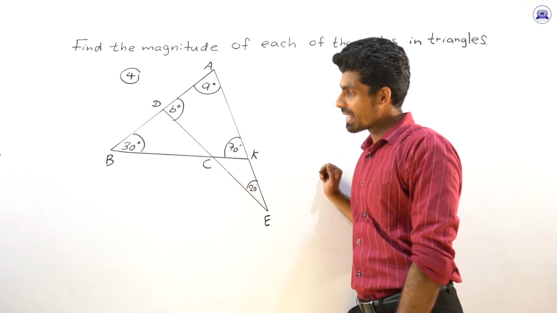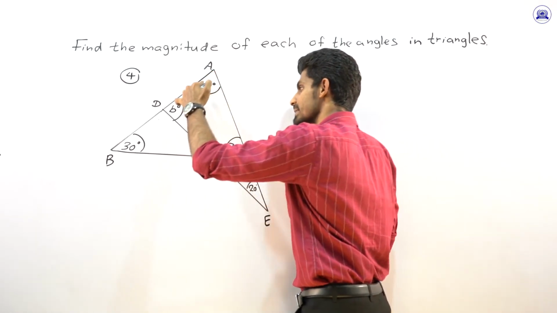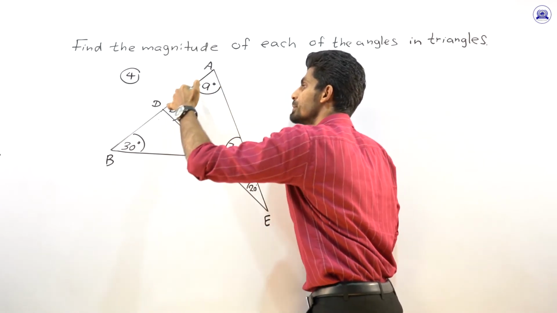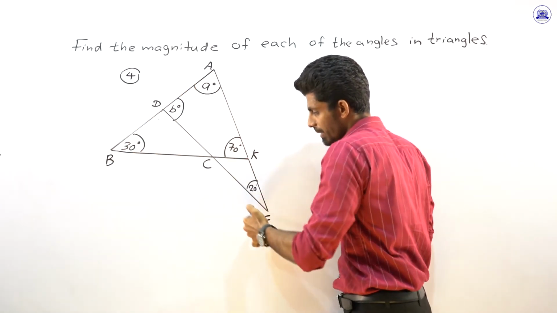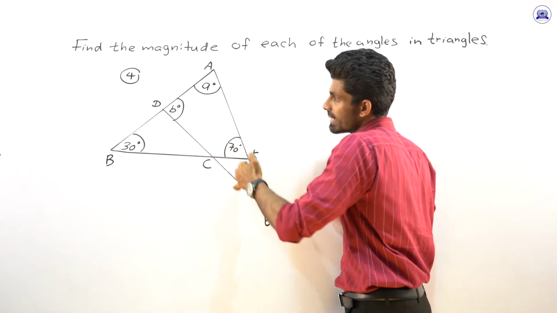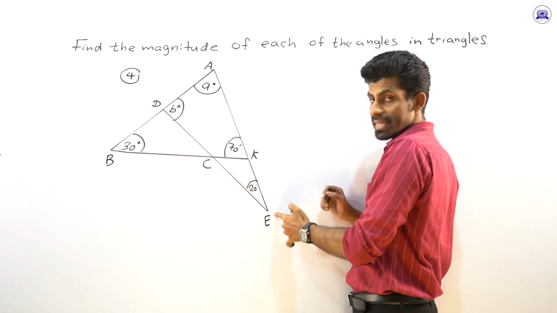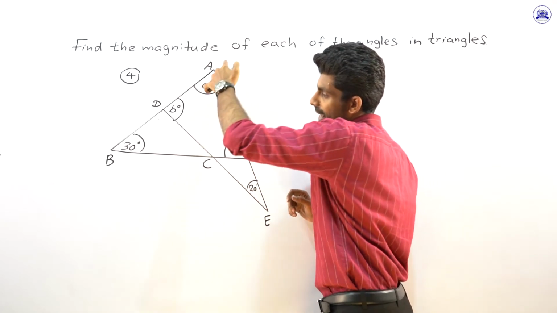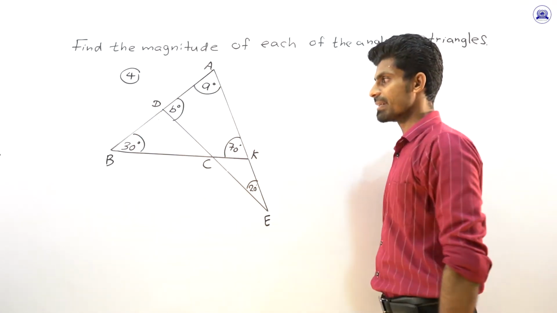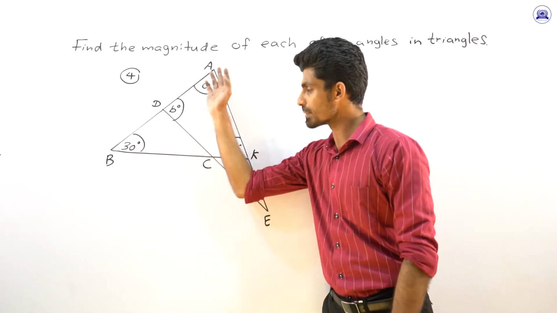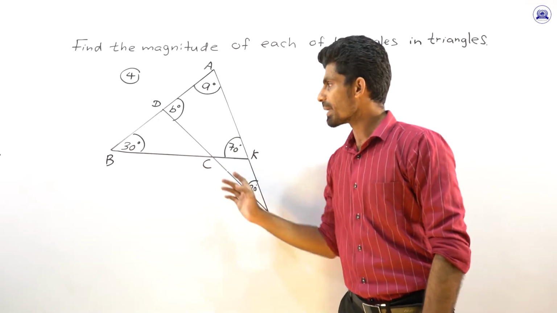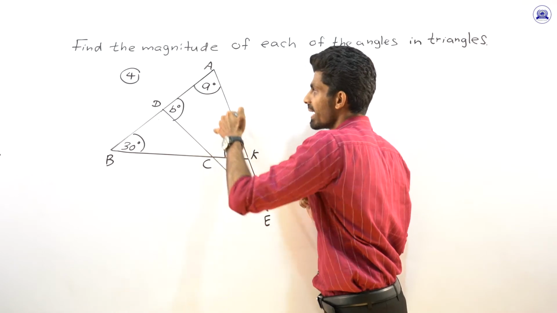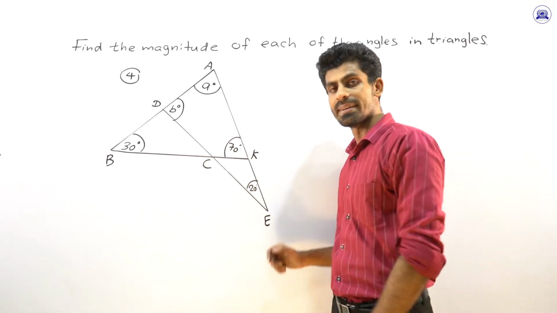Other than this one, can you see there are two triangles, this one and this one? ADE triangle and ABK triangle. There are so many triangles, so I'm just taking the main triangles, ABK and ADE.